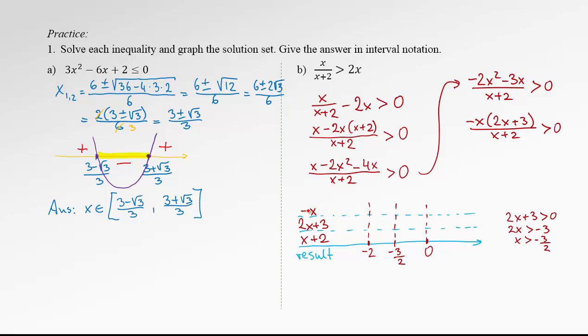Okay, now let's record our signs. The first expression, negative x, changes its sign at 0. If x's are larger than 0, for example 2, negative x becomes smaller than 0. And if x's are smaller than 0, for example negative 1, the negative x becomes positive. So for all x's below 0 we'll have a positive sign, right? Now 2x plus 3 is bigger than 0 when x is bigger than negative 3/2.